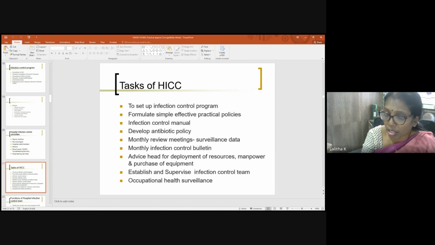What is the incidence of hospital-acquired infections? Why is it caused? We go for root cause analysis and also come out with corrective measures. Then advise on the deployment of resources, manpower and purchase of equipment, and also establish an infection control team which will be operating on the job and looking out for any infections. Why is it caused? What are the gaps? Also give on-the-job training. So these are some of the tasks of HICC.